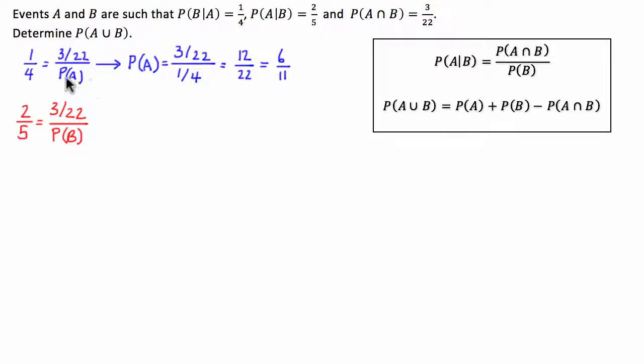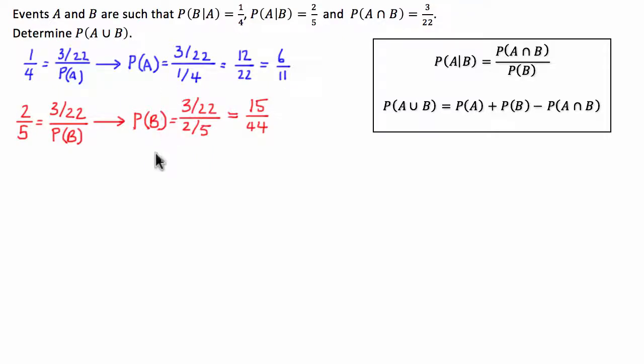So like we did just before, we're going to rearrange this. We have the probability of B is equal to 3 over 22 divided by 2 on 5. That's like multiplying by 5 on 2, so that's going to be equal to 3 fives are 15 on 2 times 22, which is 44.